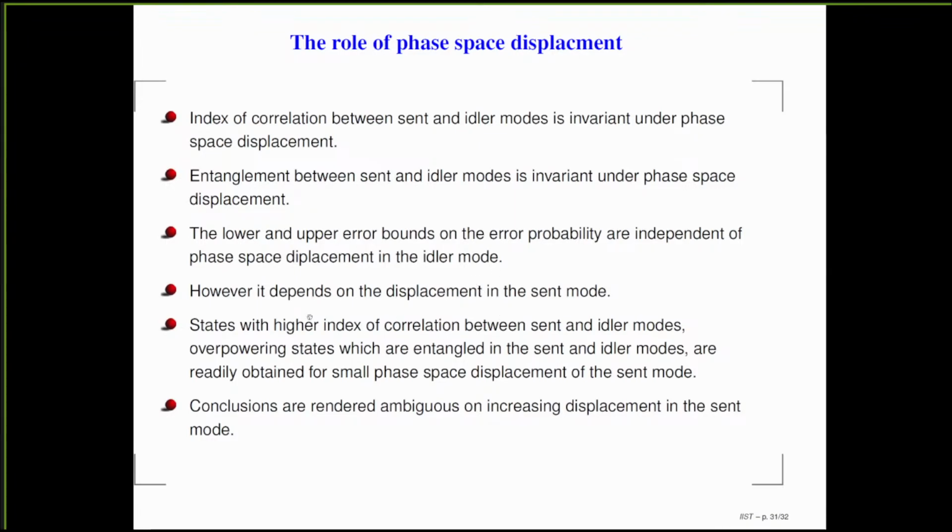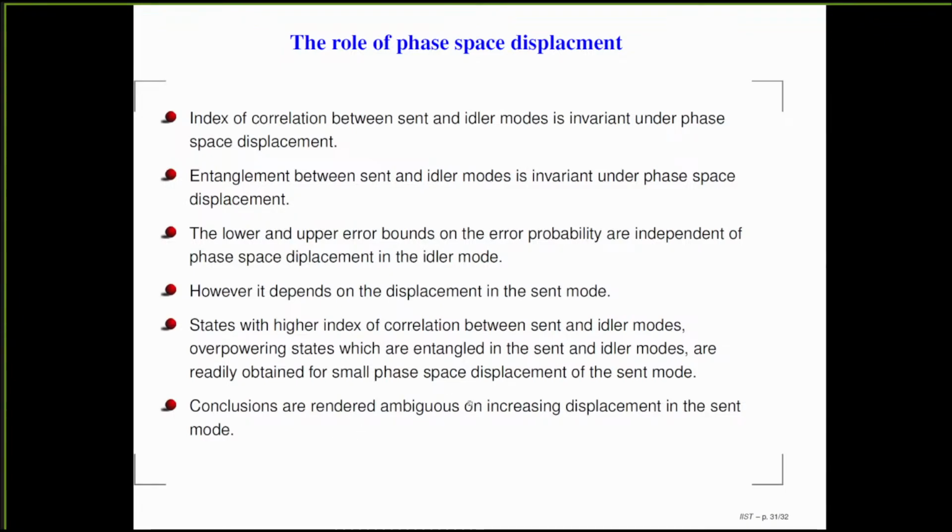What we found is that states with higher index of correlation between sent and idler modes, overpowering states which are entangled in the sent and idler modes, are readily obtained for small phase space displacements of the sent mode. But conclusions were ambiguous if you increase the displacement.